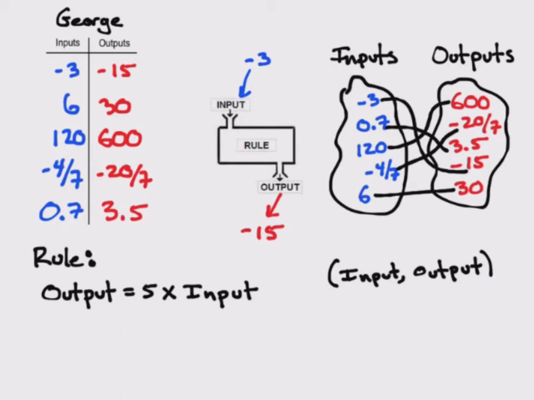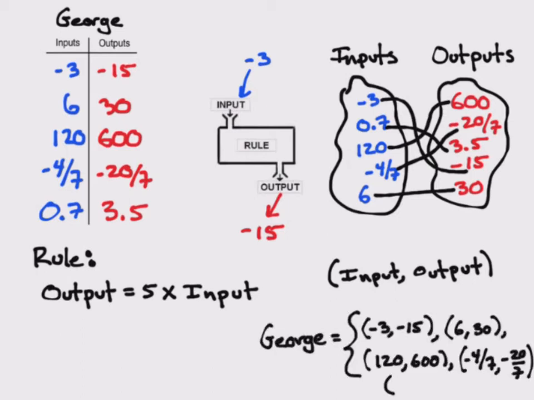So in this case, we could represent the function George by the following ordered pairs. And as you can see, in every individual ordered pair, the first number is the input and the second number is the output that goes with that input. So these are the three ways we have of representing our functions.